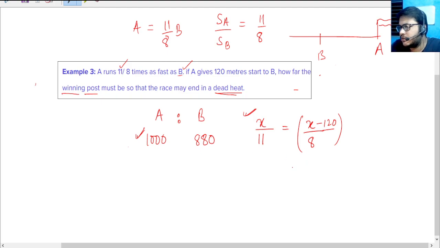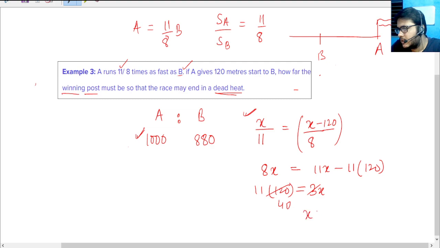Now if you do a little bit of cross multiplication, you will get 8x is equal to 11x minus 11 into 120. 11x minus 8x is 3x. 3x is equal to 11 times 120. If I cut this by 40, x will be 440.